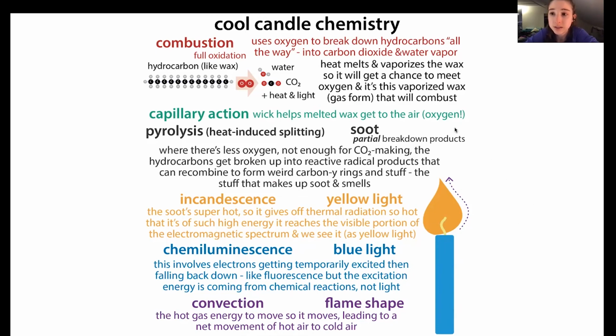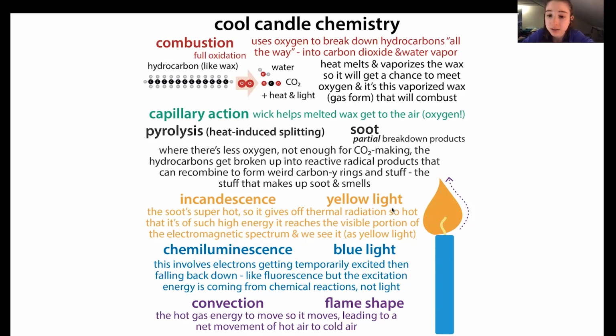Because it's moving farther apart from one another, it's going to be less dense than the surrounding air, and it's going to move upwards. This gives you convection, where you have the movement of air upwards, forming this flame shape of the candle. So that's going to help get our made stuff out of the way.